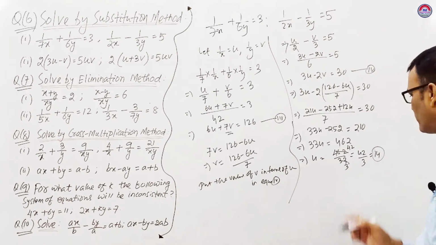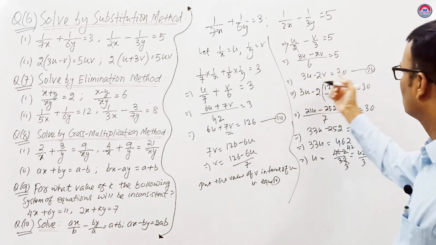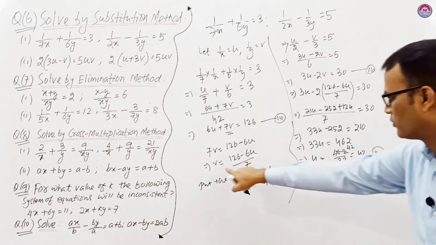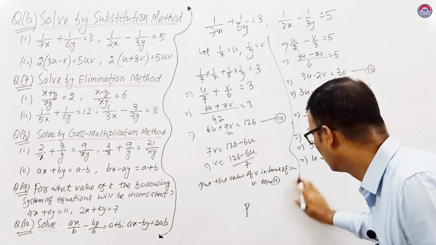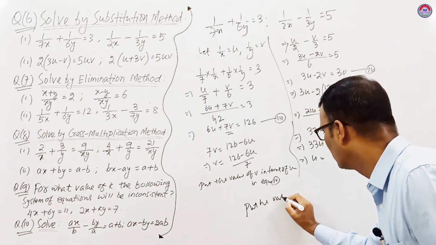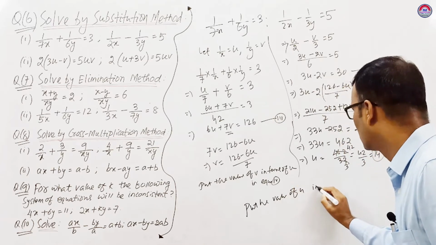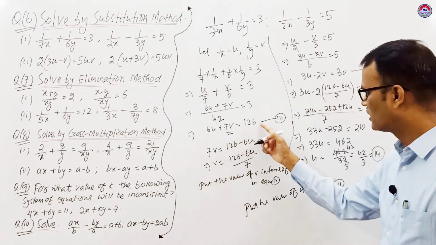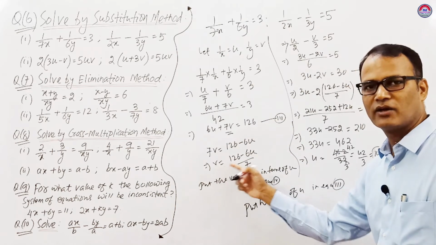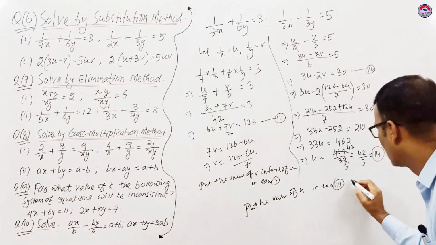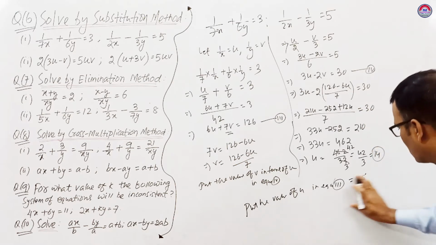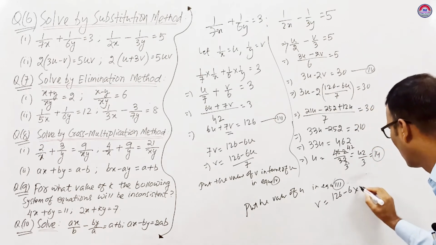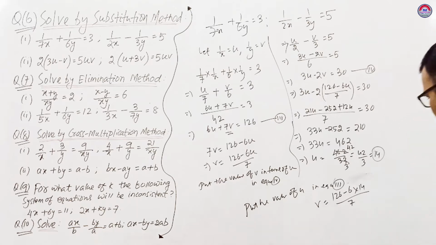Then put the value of u in equation 3. From here we get v in terms of u, so we can put u equal to 14. v will become v equal to (126 minus 6 into 14) by 7.